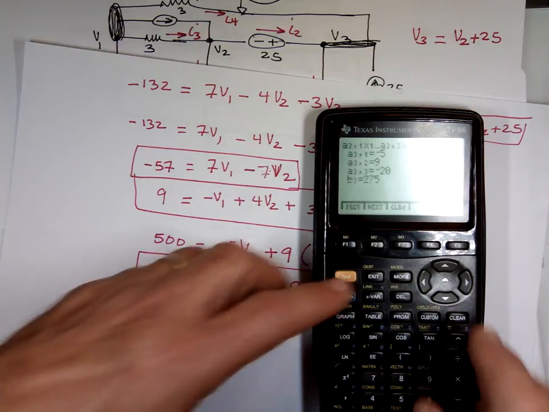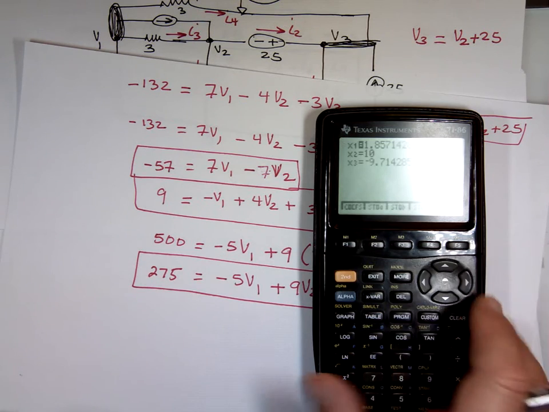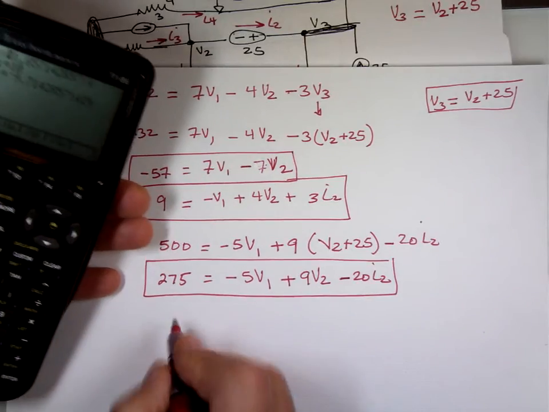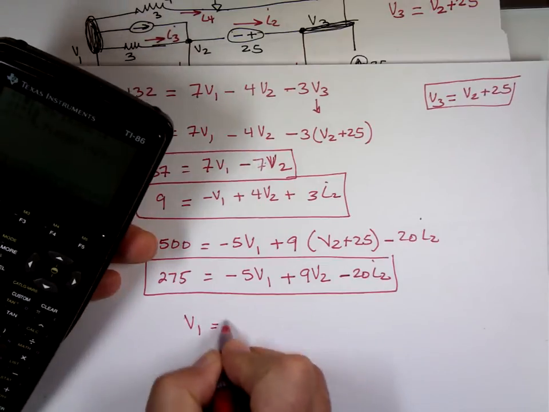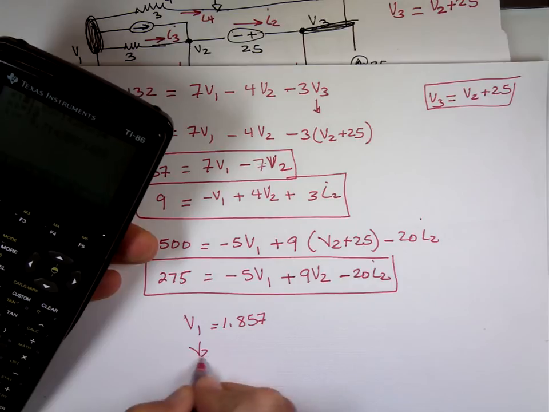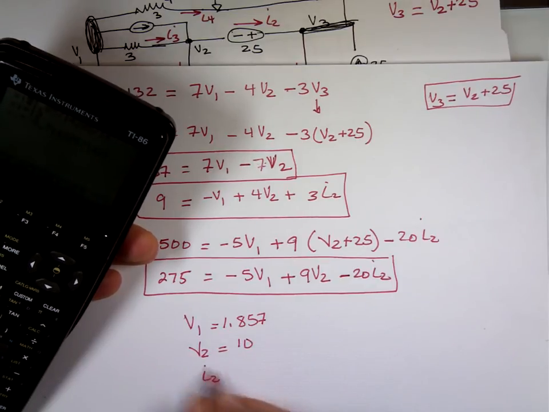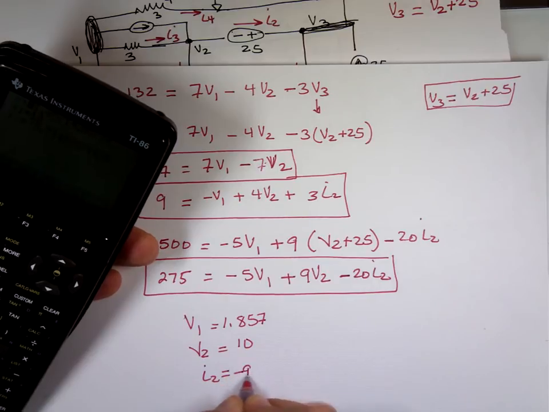Solve that. It says V1 equals 1.857, V2 is equal to 10, and the current I sub 2 is equal to negative 9.714 amps.